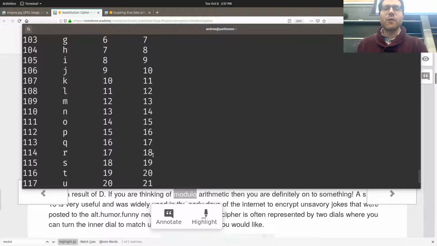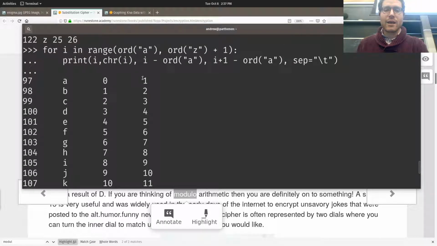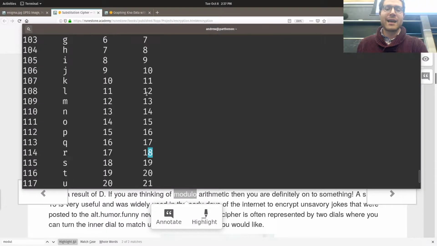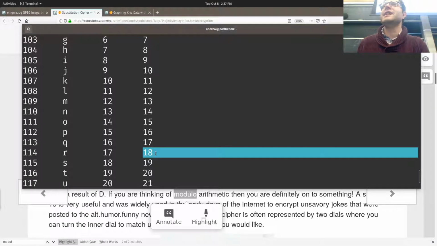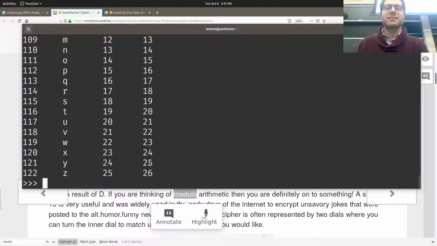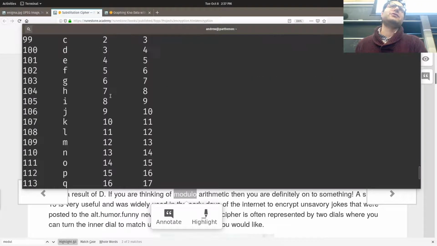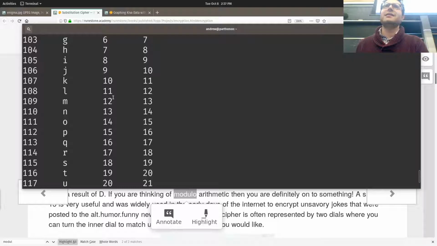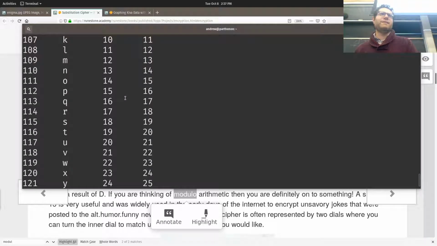The reason I'm adding 1 is because A is the first letter of the alphabet, B is the second, and so on, until R is the 18th letter of the alphabet. So that 17 is just 18 minus 1. Instead of the letters being the first through 26th of the alphabet, we're going from the 0th to the 25th. Why the 0th to 25th? Because it's going to make our life so much easier when we're doing modular arithmetic here.